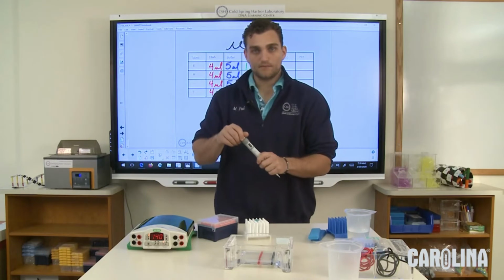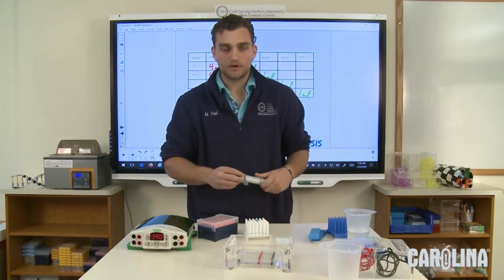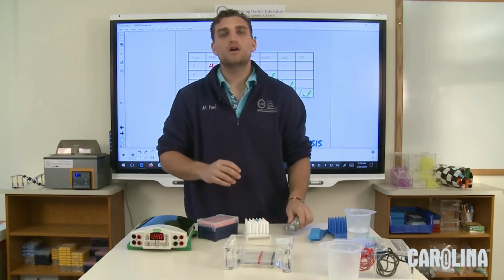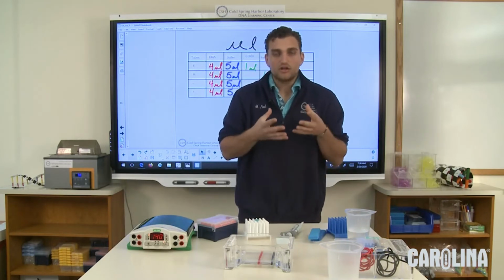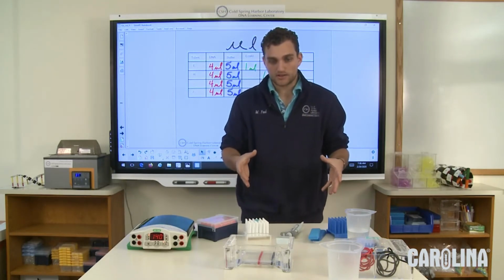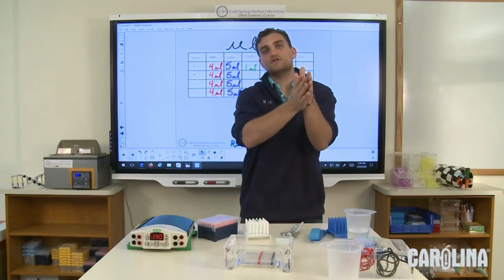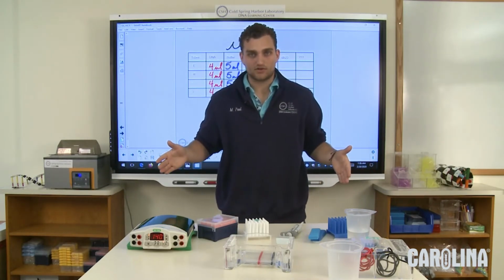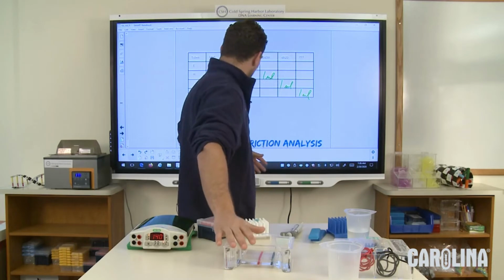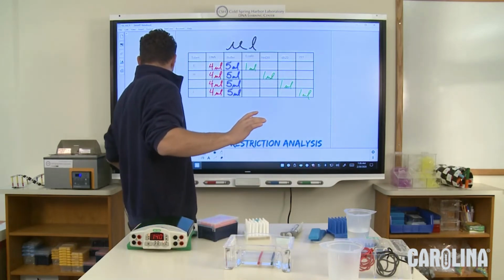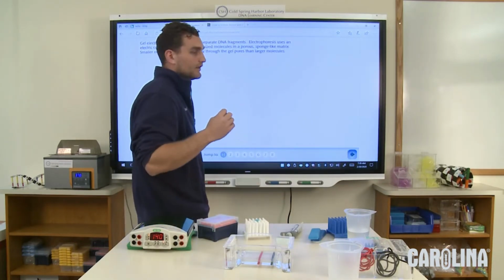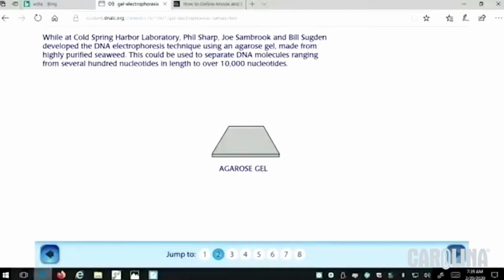Before I load my gel, we're going to talk a little bit more about how agarose and how gel electrophoresis actually works. Now, this technique, gel electrophoresis, was discovered at Cold Spring Harbor Laboratory, and it was discovered by Phil Sharp, Joe Sambrook, and Bill Sugden.